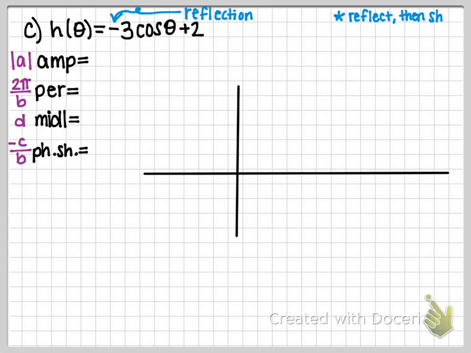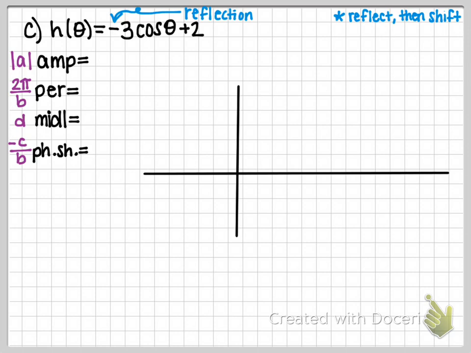So we don't have to shift it and then reflect it over the x-axis. We're just going to shift it and then in that little spot where we are, reflect it over. So we don't have to start reflecting it, shifting up and down, then reflecting over the x-axis. The midline will be where we say it is.